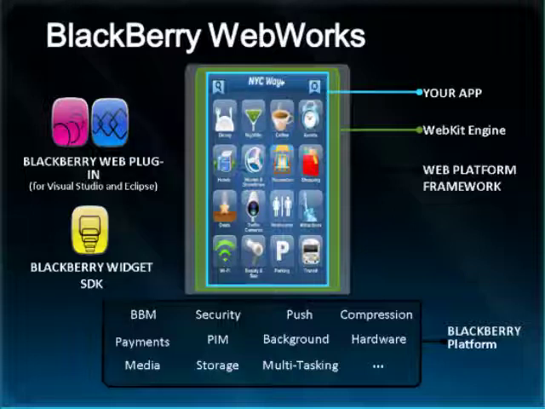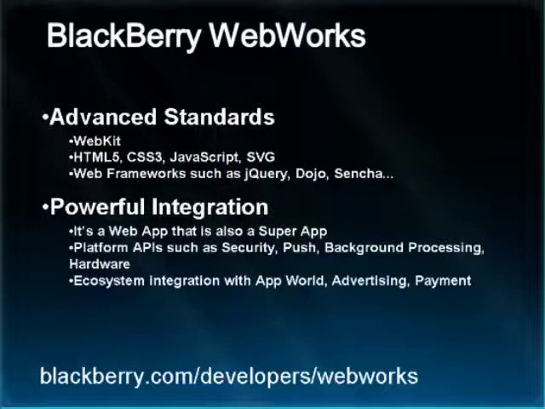Obviously, the application has to be signed with code signing keys to allow you to do this, so the same security model applies. There's no less security if you build this sort of application. And you can use web frameworks such as jQuery and Dojo to create these applications.